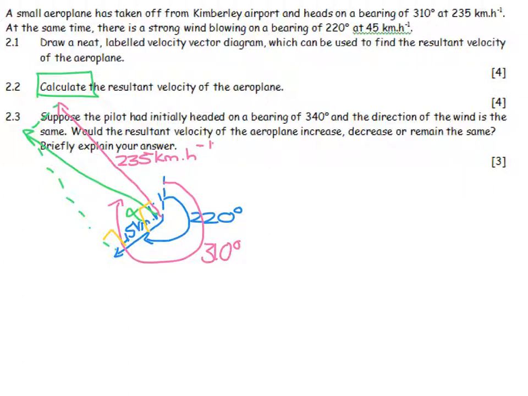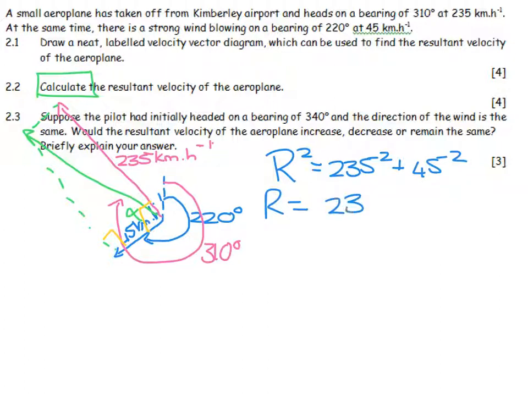First, I've got a right-angled triangle, so I can use Pythag. R squared is equal to 235 squared plus 45 squared, and I land up with R being, when I square root it, 239,27 kilometers per hour. In what direction?